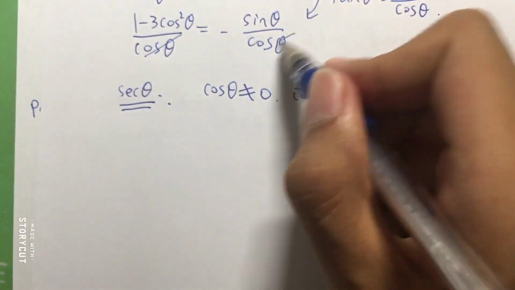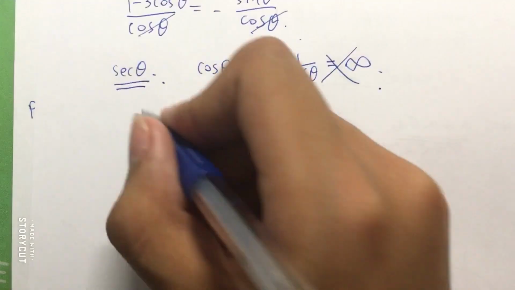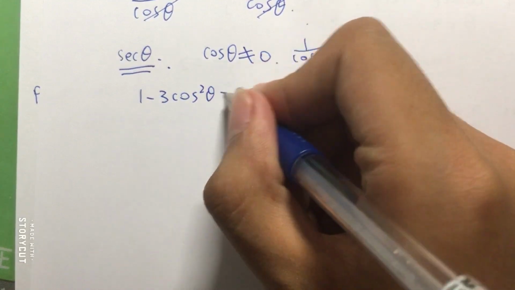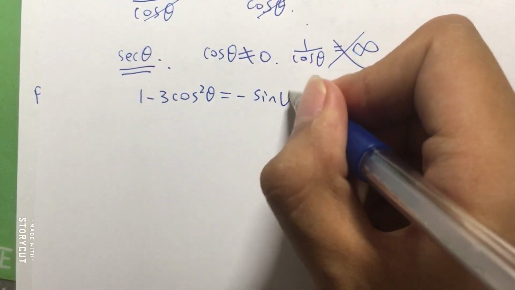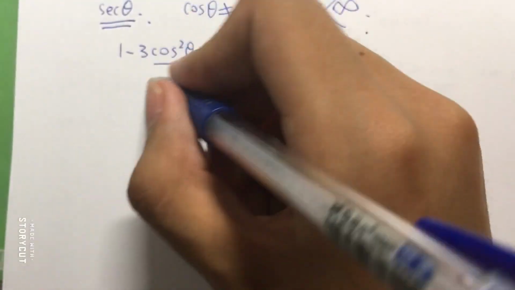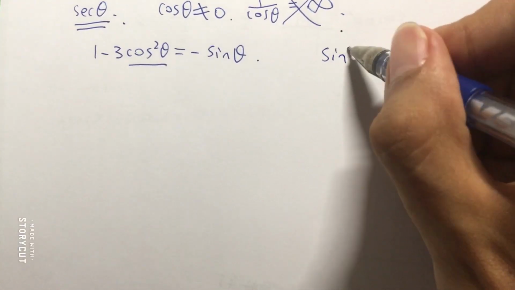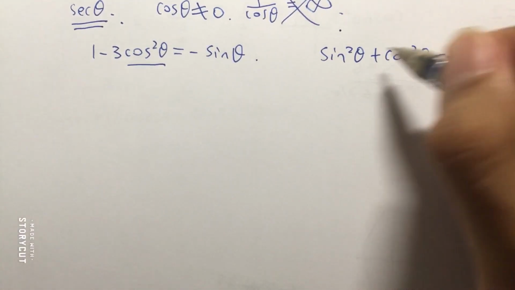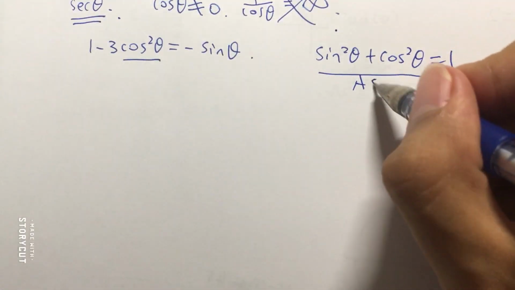So which means we can divide both sides by cosine theta, and we are left with 1 minus 3 cosine squared theta is equal to negative sine theta. And let's change cosine theta again, because we have a formula that sine squared theta plus cosine squared theta equals 1, and this is also in your AS level.